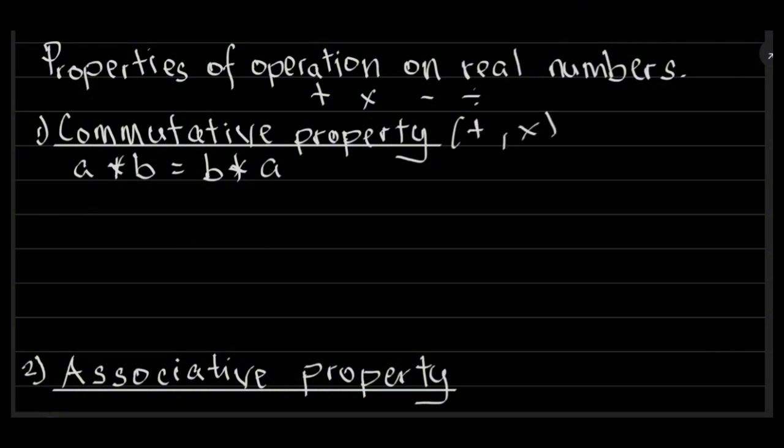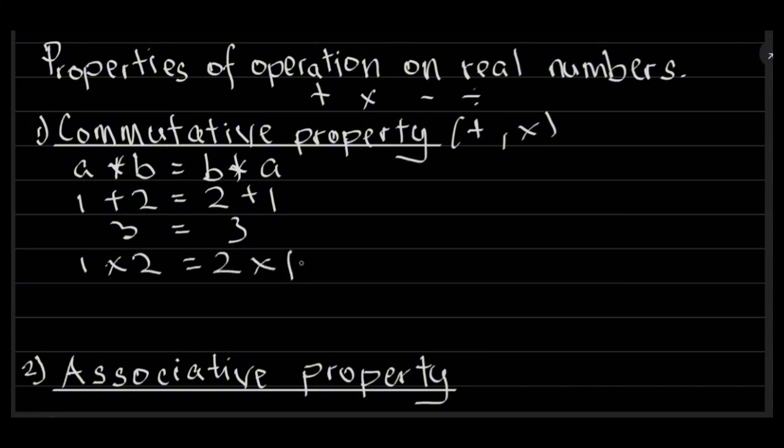If we look at this, 1 plus 2 is equal to 2 plus 1. We are going to have 3, which is also equal to 3. In the same instance, 1 times 2 is equal to 2 times 1. We are going to have 2 equals 2.